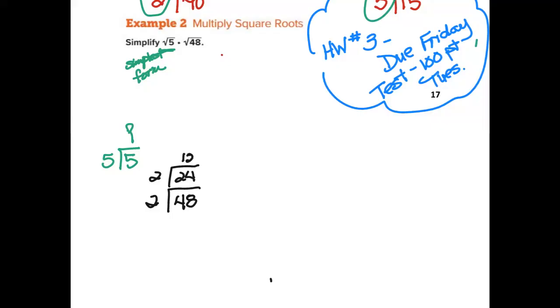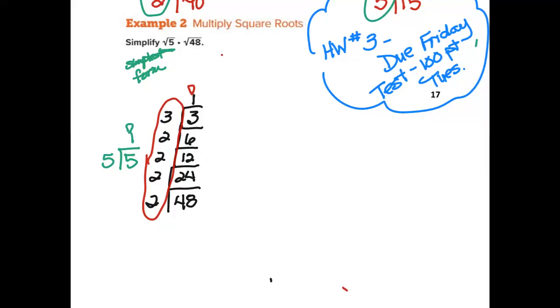We get 12. 12 is even, divided by 2. You get 6. 6 is even, divided by 2. We get 3. 3 is not even, but I know I can divide it by 3 because that is a prime number. You are always only dividing by prime numbers. And 3 divided by 3 is 1, so I know I've reached the top. These are all of the prime factorization for 48.